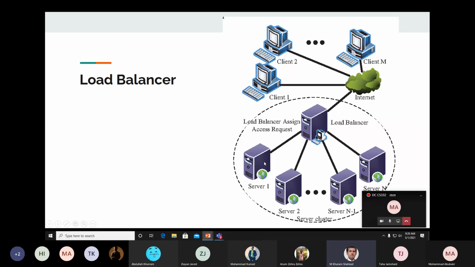These servers, let's say, are located in different countries. Then the relevant queries are sent to their respective servers for further processing. In this way, this server performs the load balancing because it is connected to server 1, 2, and n. If there are millions of clients, then there are also hundreds of servers located in different countries, for example. So this architecture shows how the load balancing is performed.